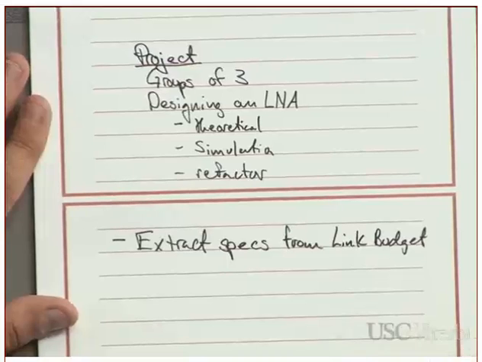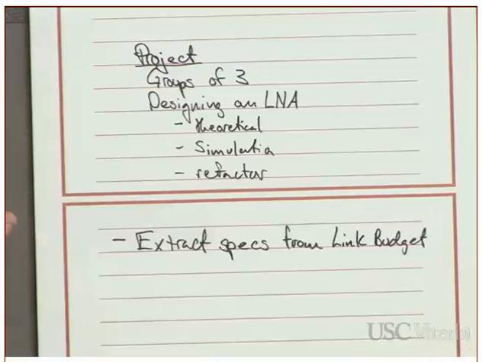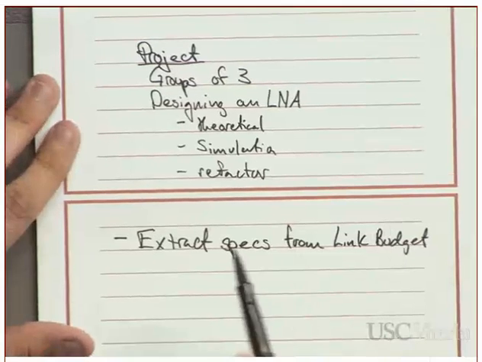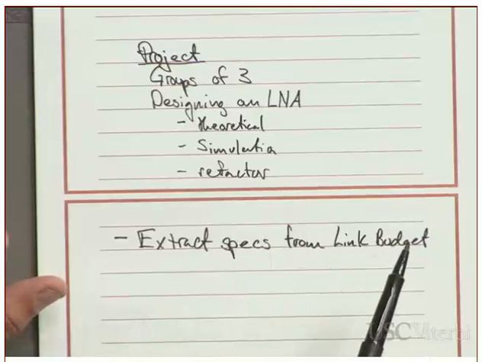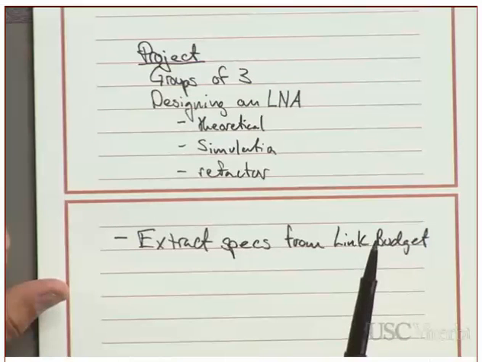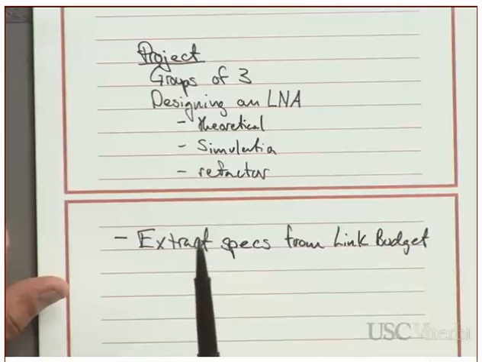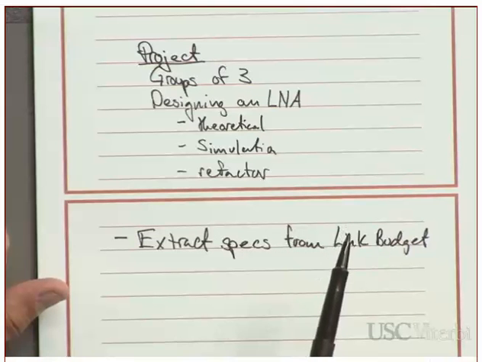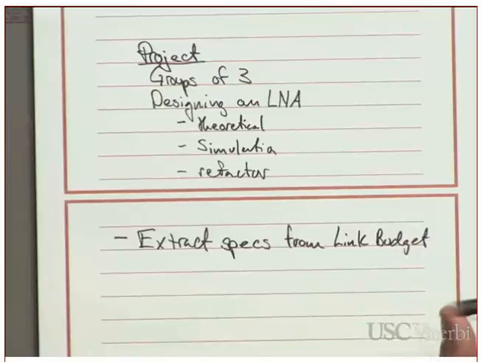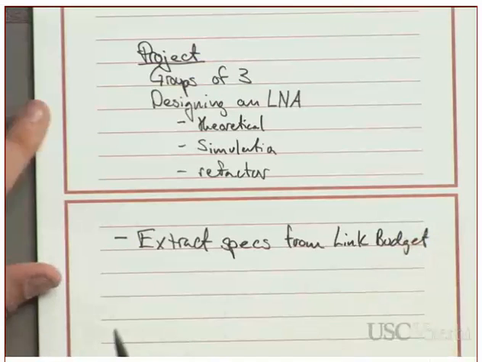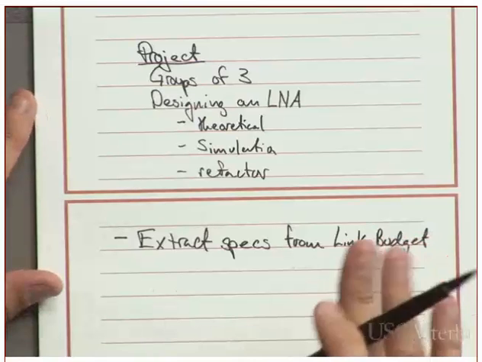And in order to close the link, you're going to have to achieve a certain gain and a certain noise factor. So I'm going to give you the specs of the other parts in the receiver chain, and then you're going to have to extract or basically figure out what gain and noise figure you need to get. That part's not too hard. I mean, there's some details in there that get a little tricky, but I think you guys have done most of those pieces already.